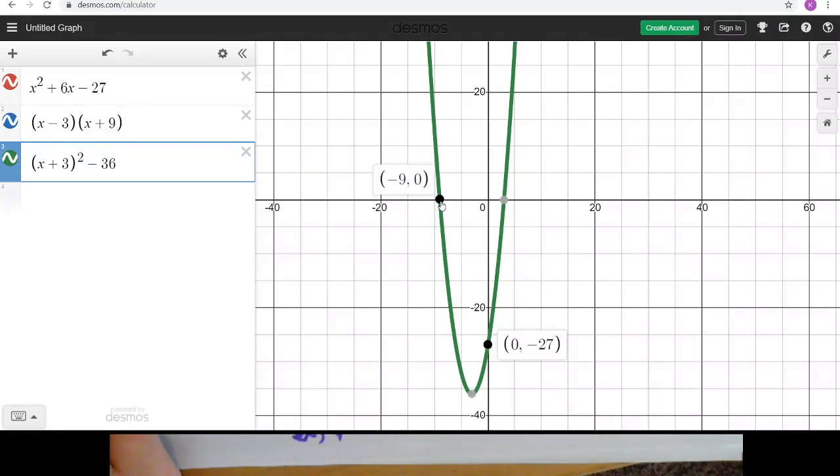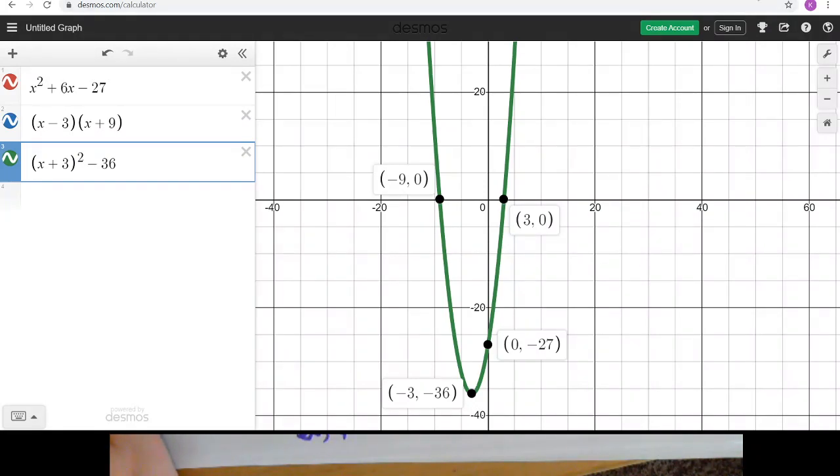Negative 9, 3, and the vertex tells me that I will have a minimum at negative 3 and negative 36. There we go. That's why these three different formulas are useful in three different ways.